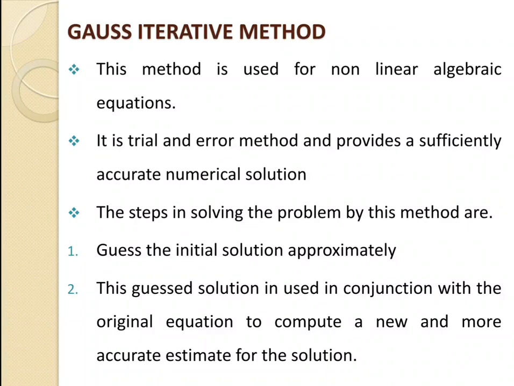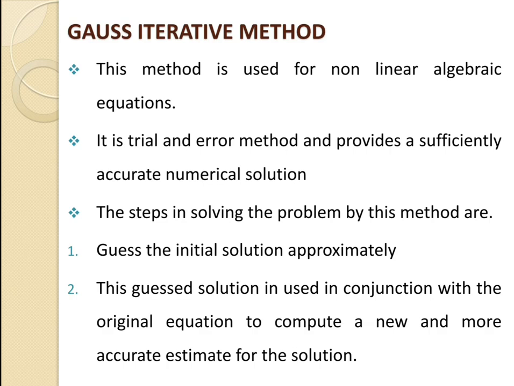flow solution. So this method is useful for non-linear algebraic equations. This is the most important point for the Gauss iterative method as well as the Gauss-Seidel method. Then it is a trial and error method and provides a sufficiently accurate numerical solution.